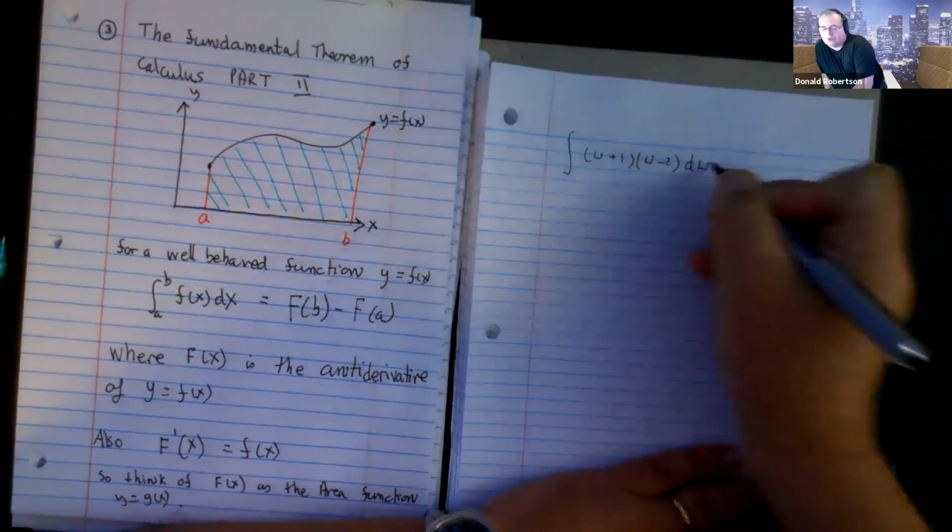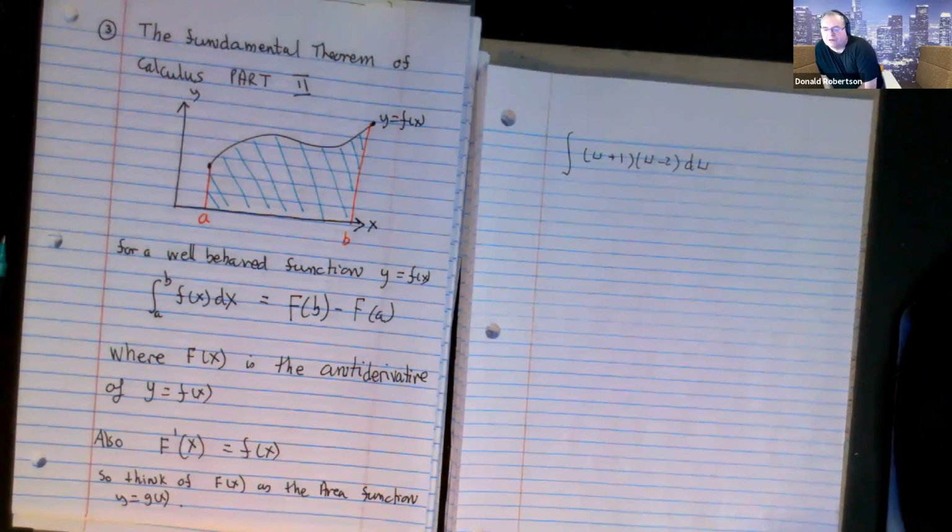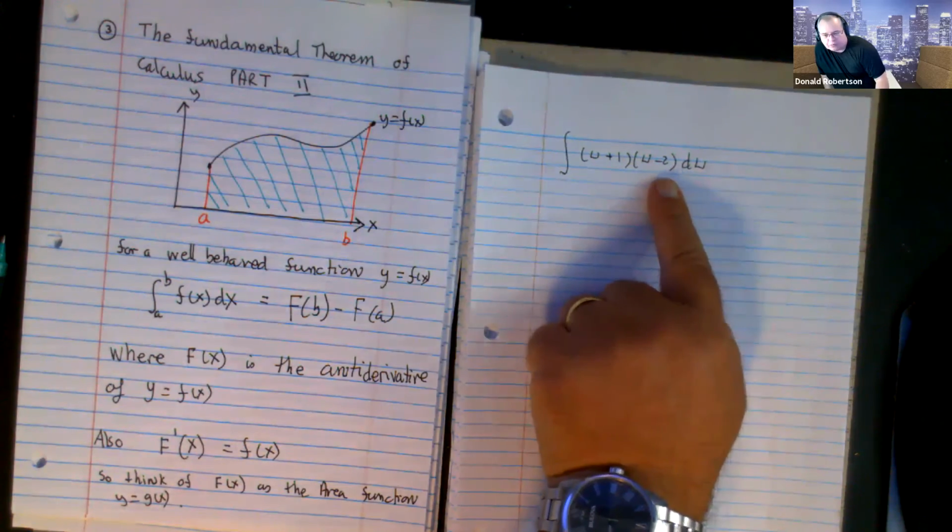I've done two things to this question to make your life a little bit harder. First one, I think you'll be happy with. Isn't it okay the u's don't make a big difference? It could have been x plus 1, x minus 2 dx. But the second one is, what in the heck are you going to do with that?